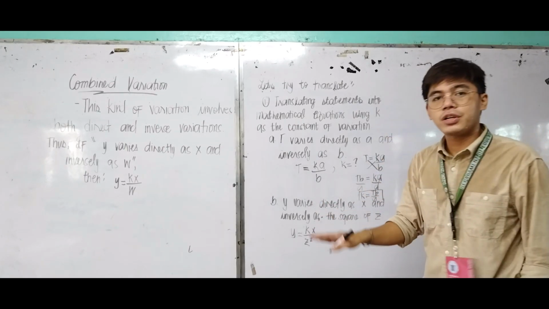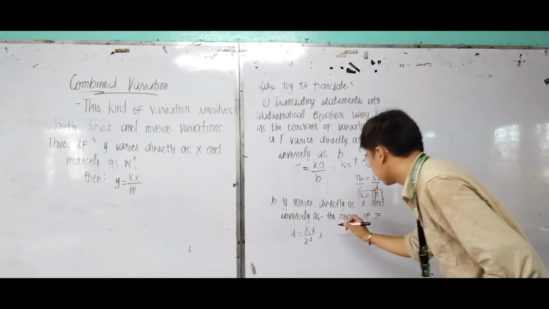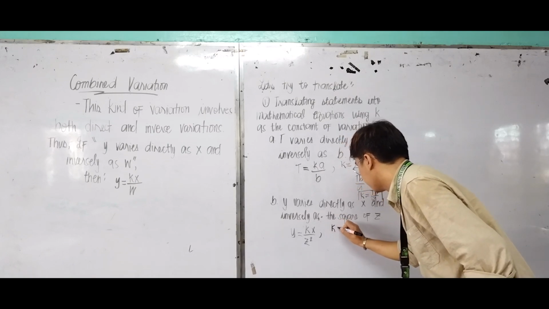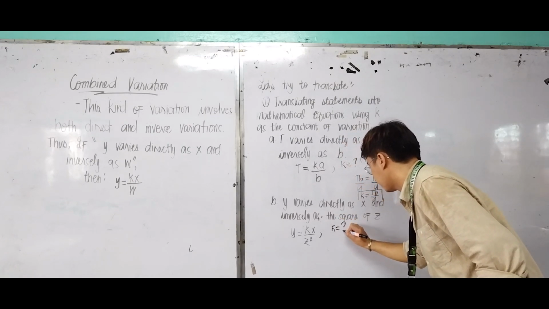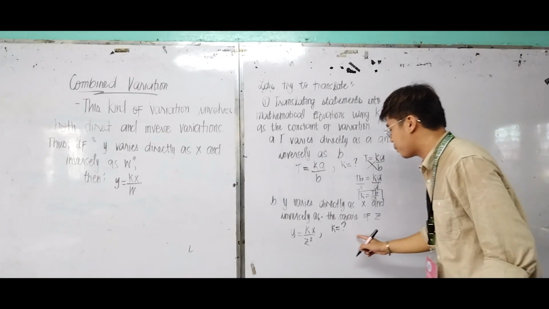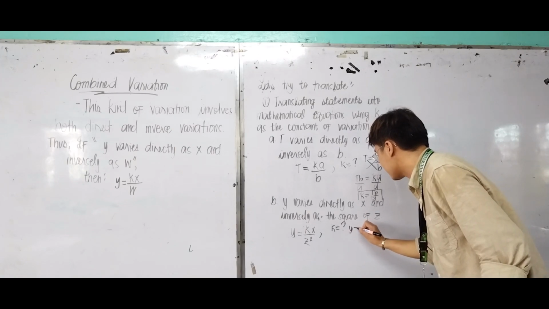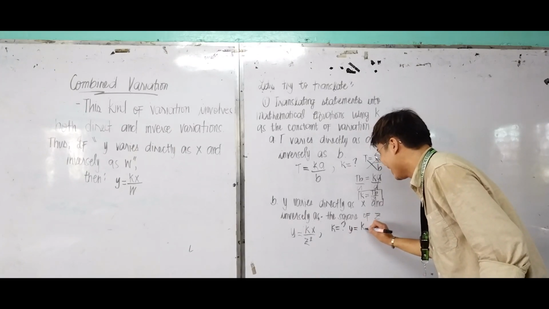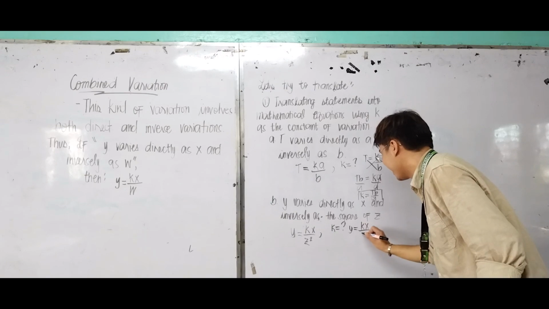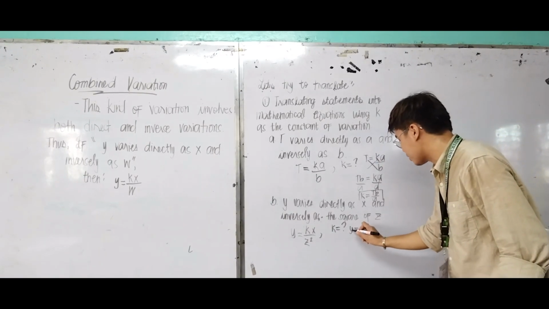So next, we're going to find k. Okay, how are we going to find k? We will use again the given equation. So we have y equals k times x over z squared. The next step is to cross multiply.